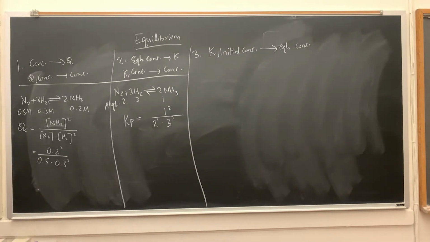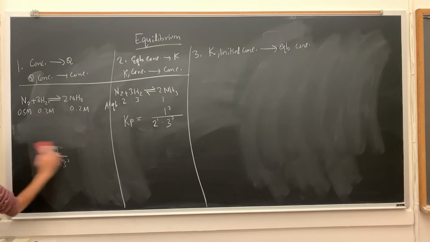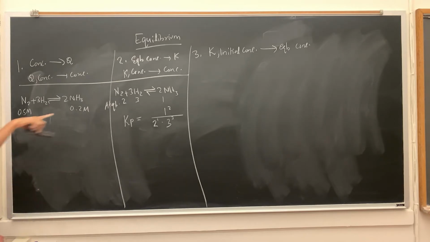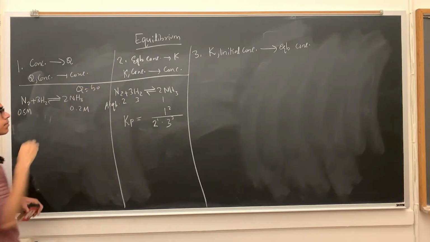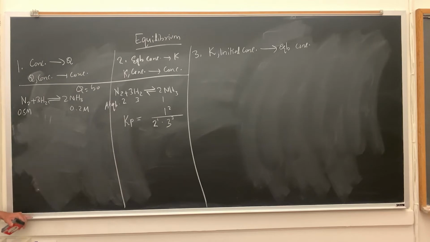Another easy one is, I'll take out one of them, one's missing, and I tell you that the Q value is, I don't know, 50. Calculate the concentration at that instant of hydrogen. What do you do here?